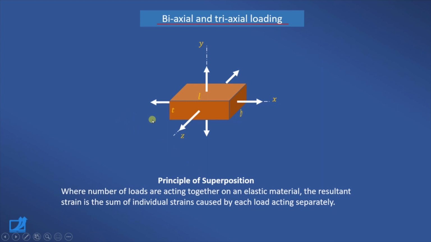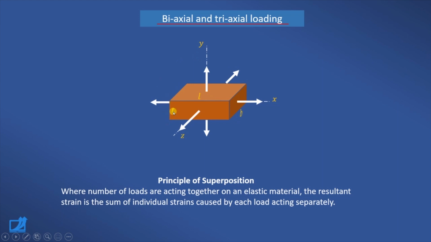Strain in length because of load along the x-axis, strain in length because of load along the y-axis, and strain in length again because of load along the z-axis. If you add these three strains, you will get net strain in length under these three loads.